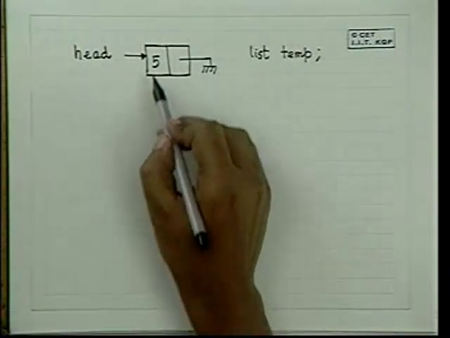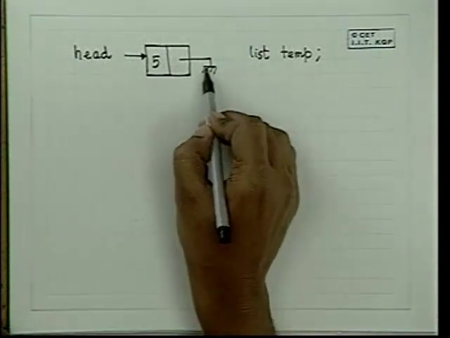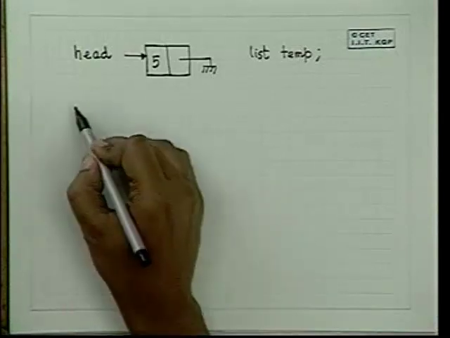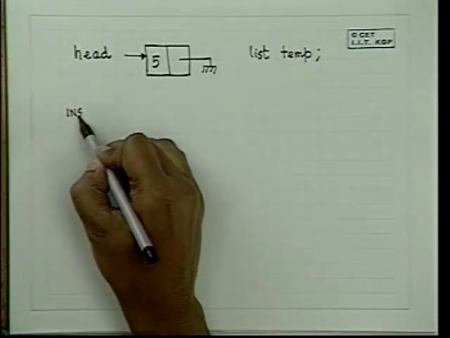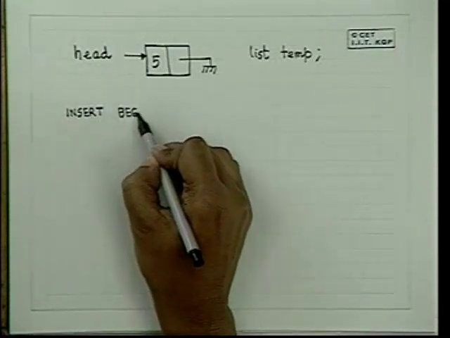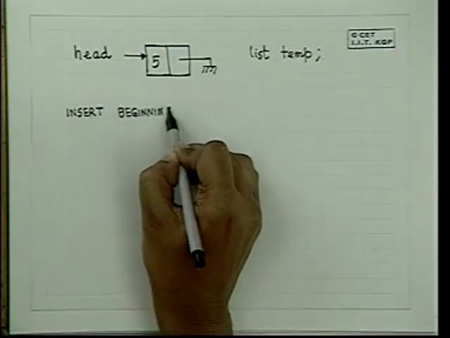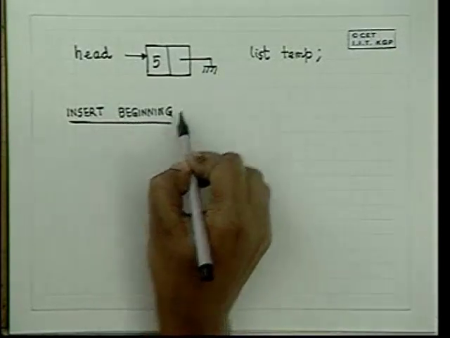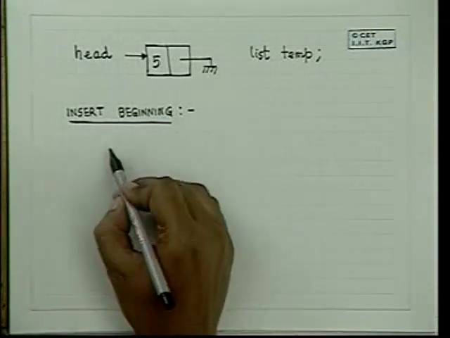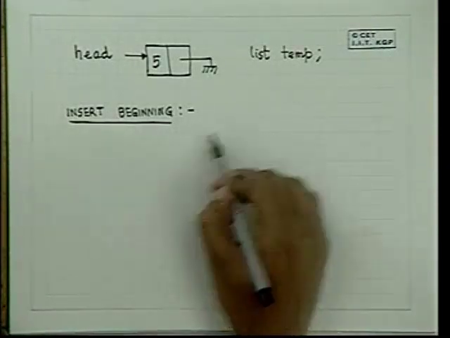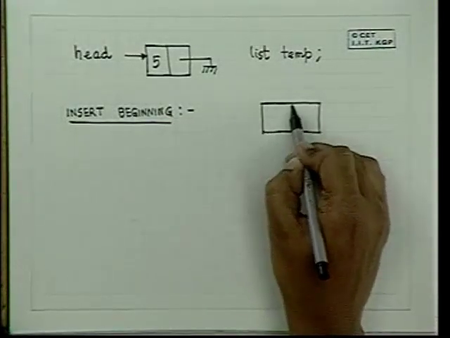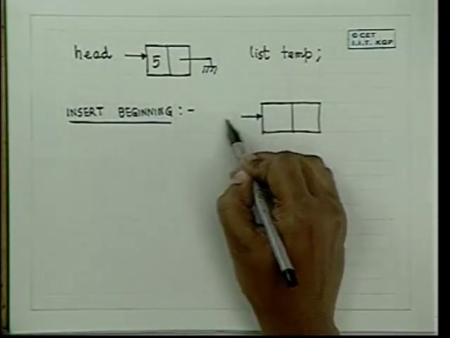So suppose we have two options. We can put it at the end or we can put it at the beginning. Suppose we want to insert in the beginning. Then, diagrammatically, we will have to allocate one element into, say, temp.